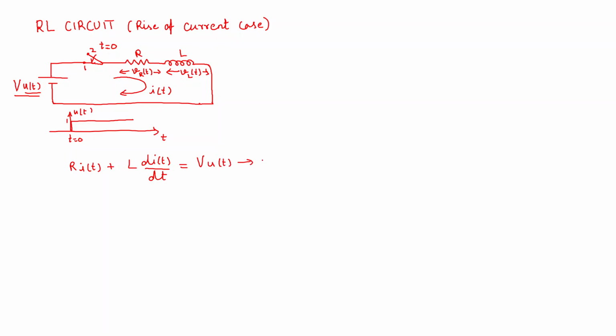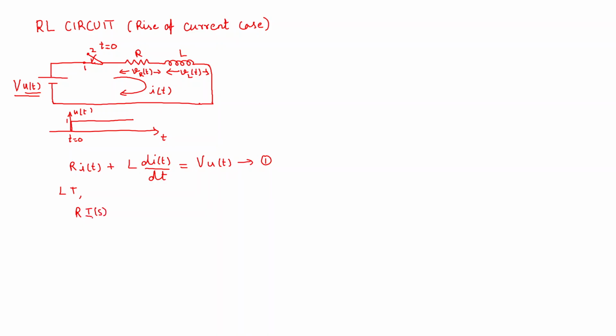This is the differential equation governing your closed loop, and now you have to apply Laplace transformation to this differential equation. Students should be very familiar with the Laplace transformation. Only when you apply the Laplace transformation does it become easy to solve differential equations. The Laplace transformation of i of t is I of s.